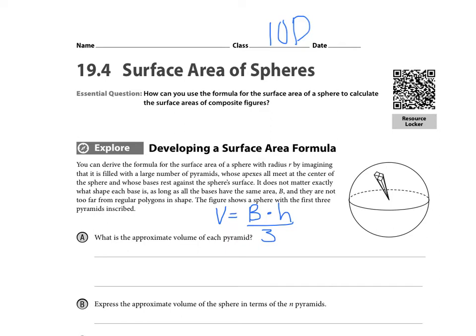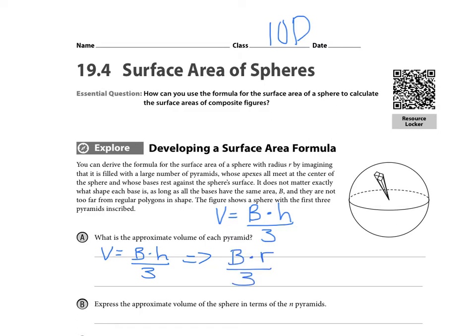And so when we talk about the approximate volume of each of these particular pyramids that we have here, I hope you can agree that the height of the pyramids is going to be equal to the radius of the sphere. So in part A, we're going to take our base times height over 3 formula, and adjust it a little bit so that the volume is base times height over 3, which is going to become actually base times radius over 3.